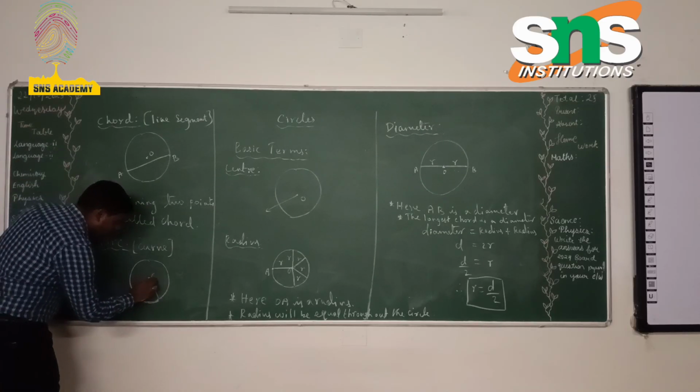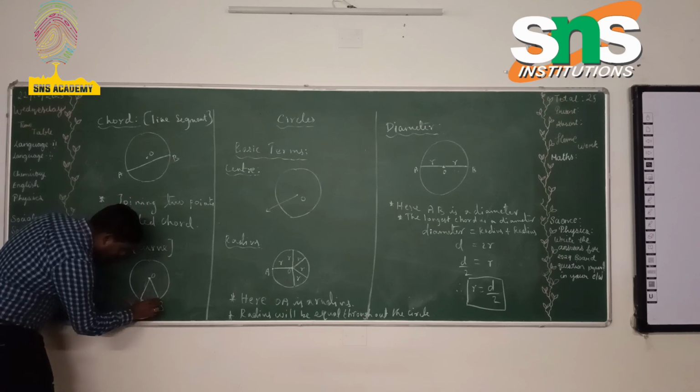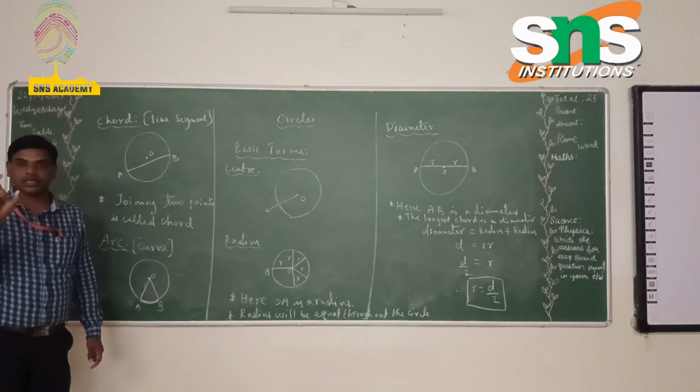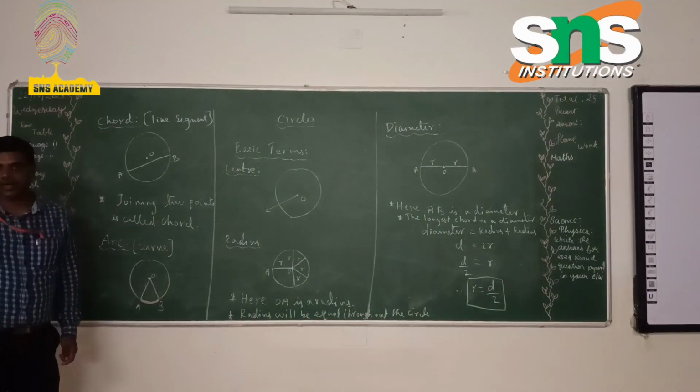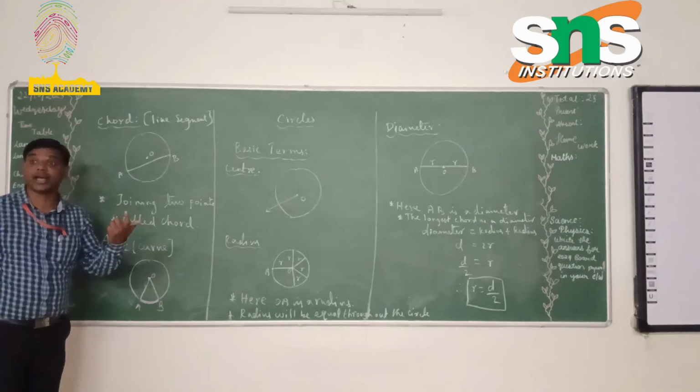So it is arc AB, we can give the name AB. This arc AB is called the minor arc, and the remaining portion we can take as the major arc. You understand? This arc we will use in the next chapter for finding the area.